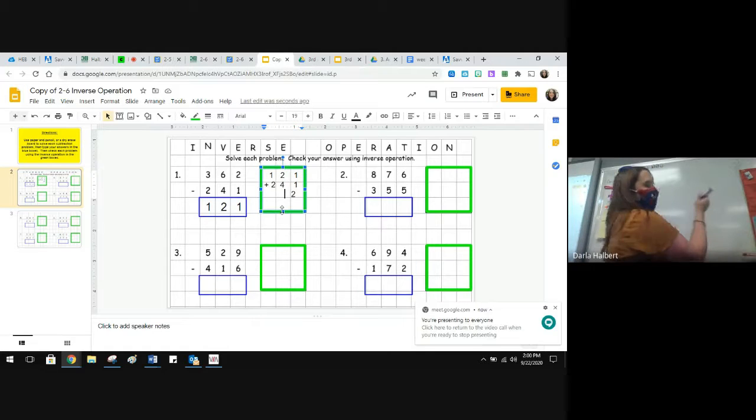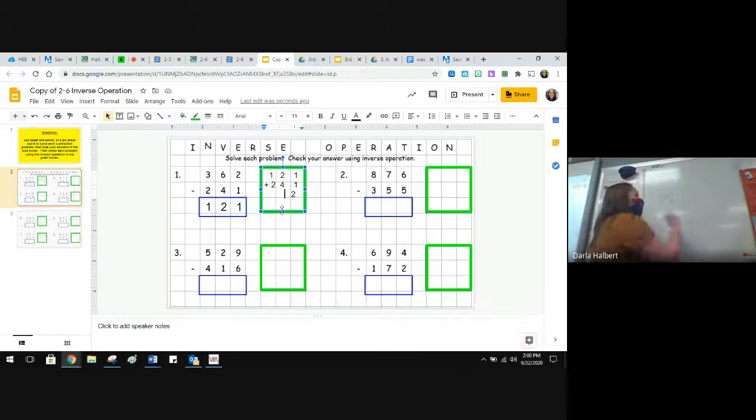So first it was 362 minus 241. 1, 2, 1. Now I type. Remember, write, type, write, type. Okay, now I, see if y'all can see me.